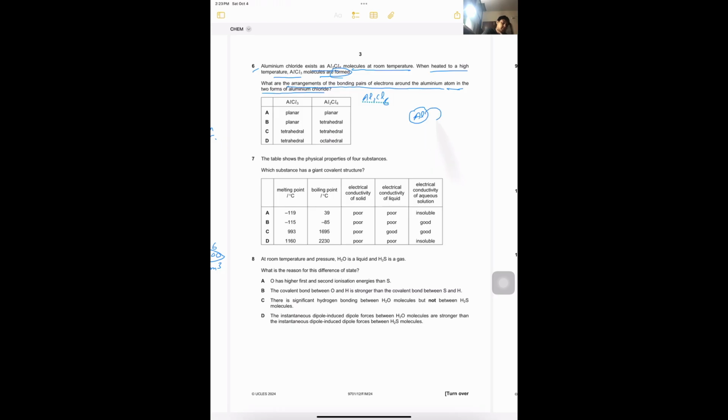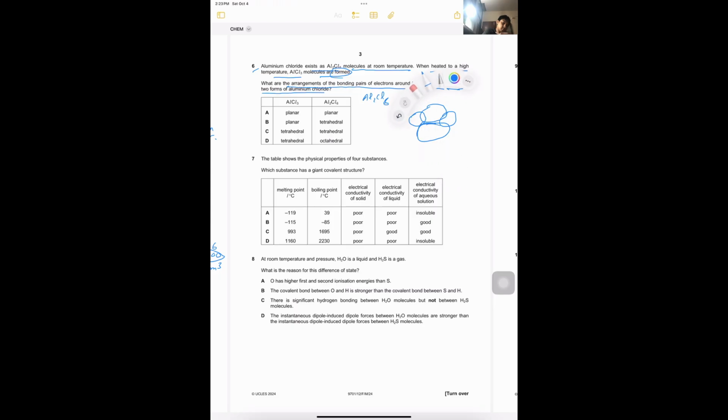aluminium Al2Cl6. So, oh sorry, what am I even doing? So it is Al, so there is one Cl there, the other Cl is there.